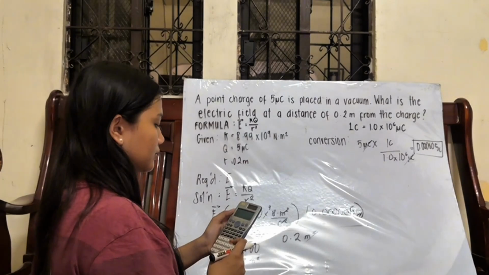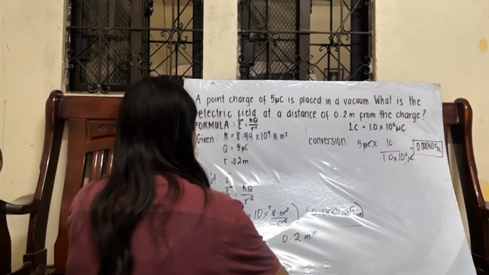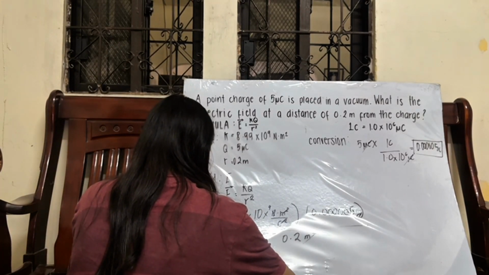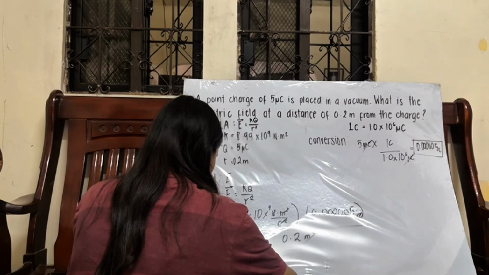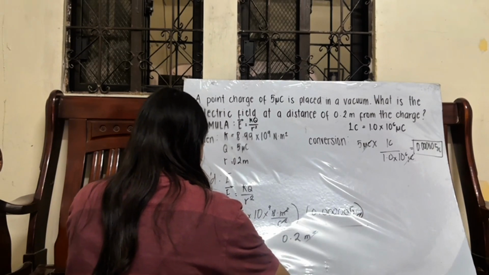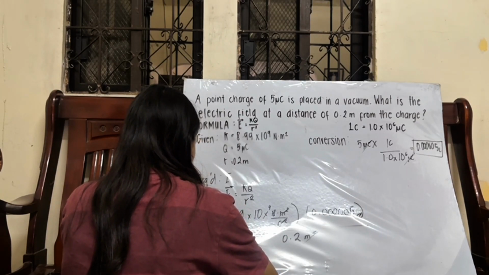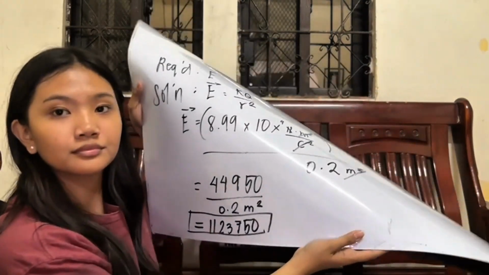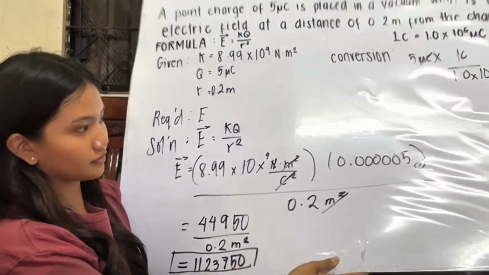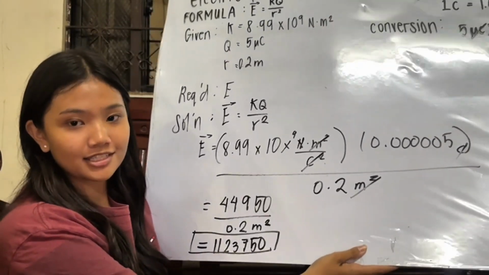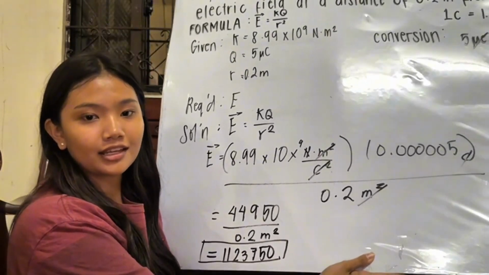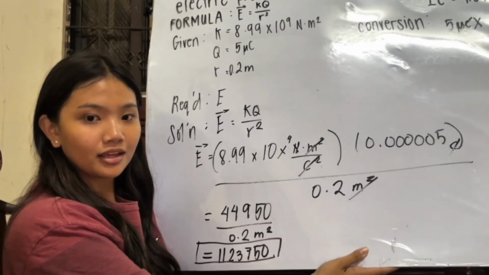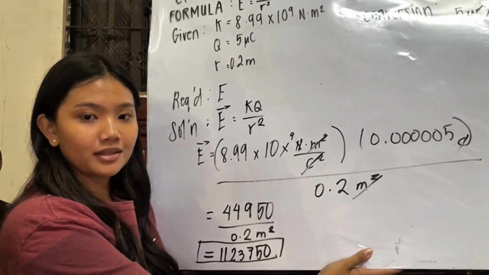The final answer is 1,128,750. This is the final answer, but keep in mind that if you get a scientific notation answer format, it is still right. It depends on the counting of the number.